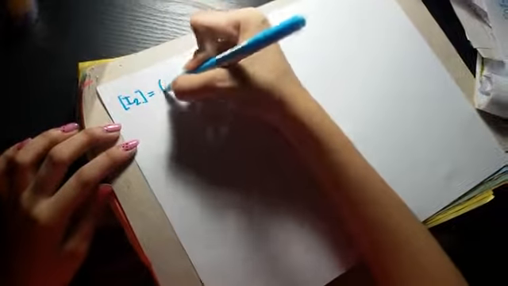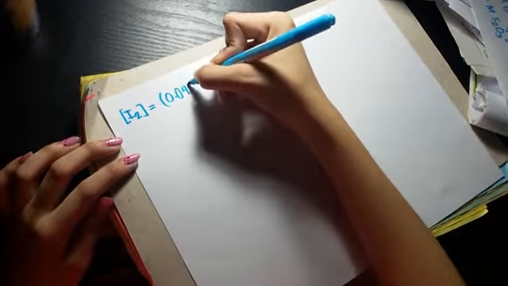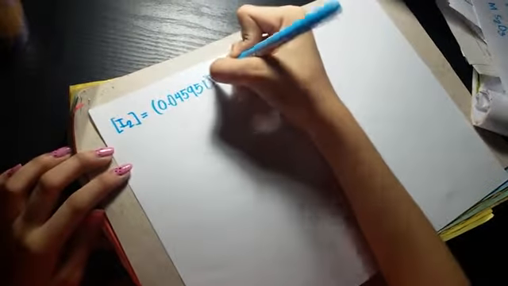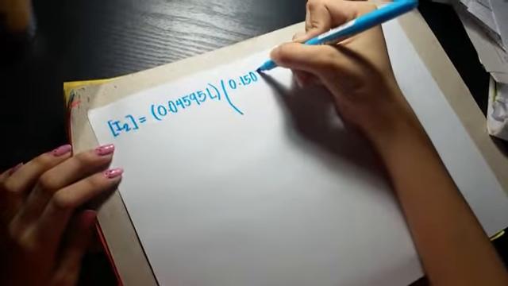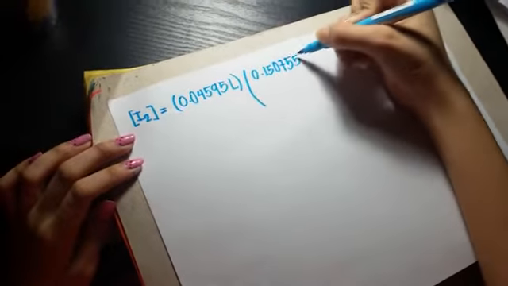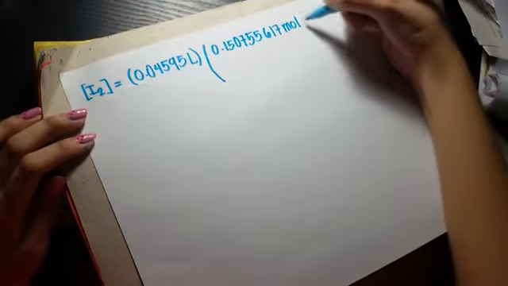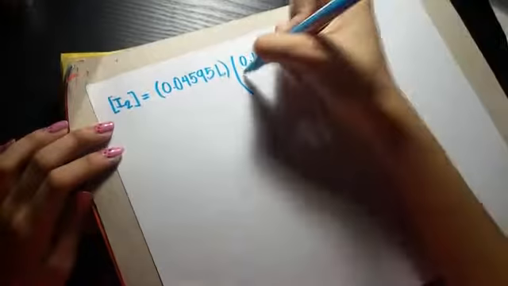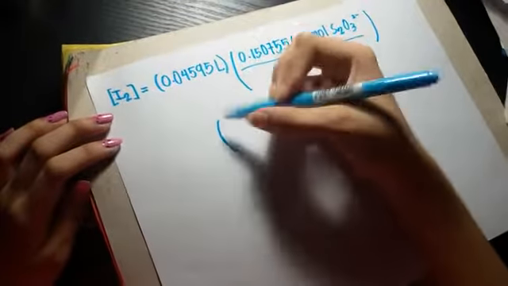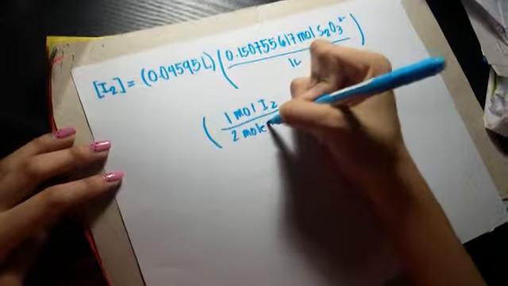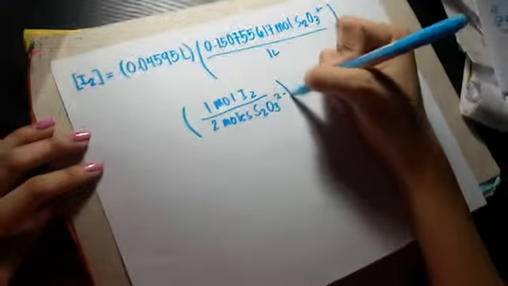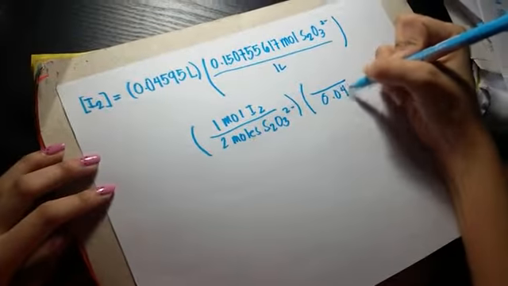Then now we can compute for the molarity of I2. Volume of I2 multiplied by the molarity of S2O3, which is 0.150755617 mole thiosulfate all over 1 liter, times 1 mole I2 all over 2 moles S2O3 2 negative, over 0.045 liter.